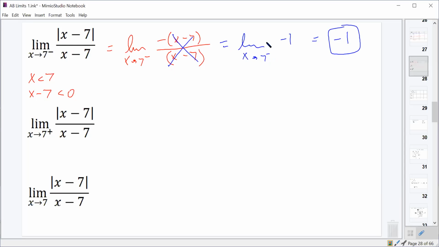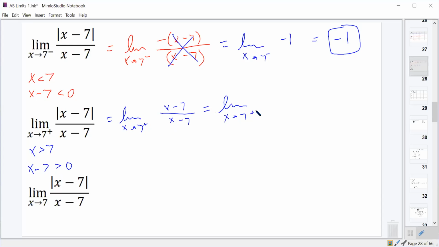Yep. Perfect. All right. As we approach 7 from the right, we know that x is always greater than 7, or that x minus 7 is always greater than 0. So this limit just becomes x minus 7 over x minus 7, right? The absolute value disappears because it's just redundant if the thing inside of it is already positive.